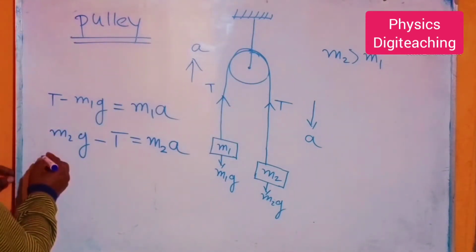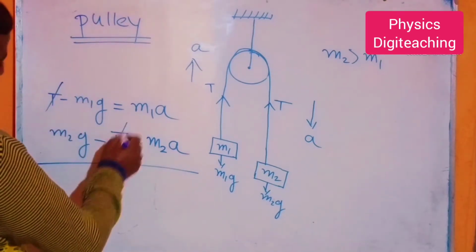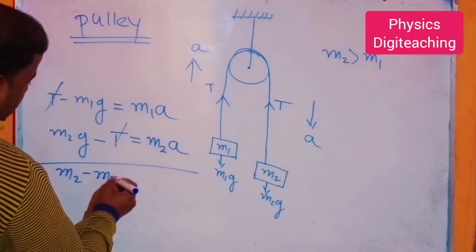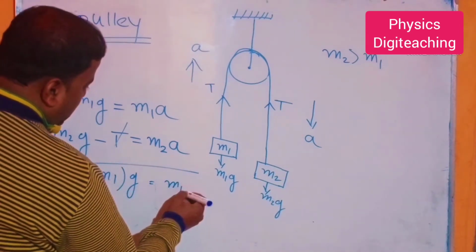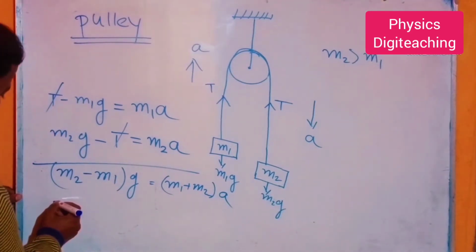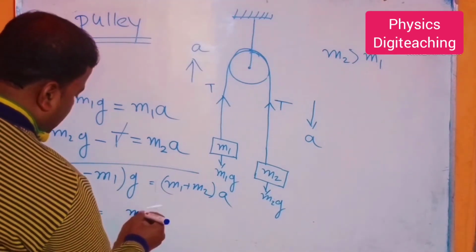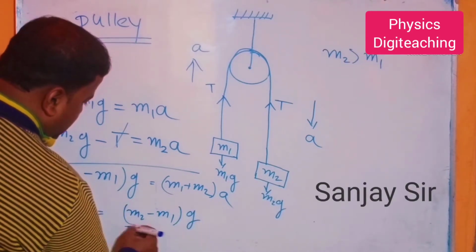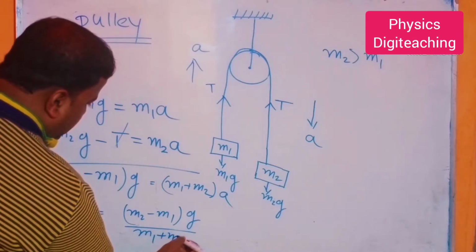It is very easy. We add these two equations and the T cancels. Therefore M2 minus M1 into G equals M1 plus M2 into A, and we get the acceleration A equal to M2 minus M1 into G by M1 plus M2.